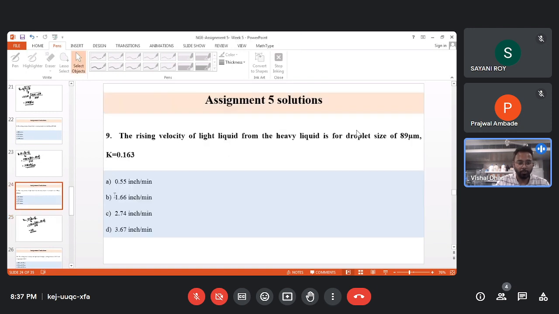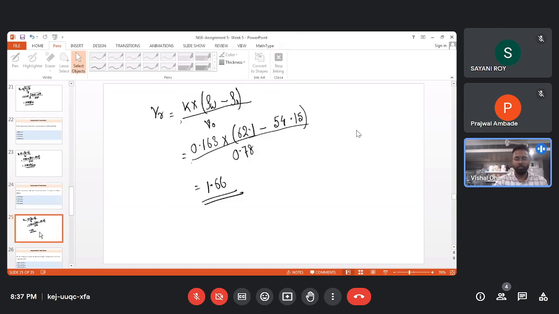So the correct option is 1.66 inch per minute. Just copy down this one.